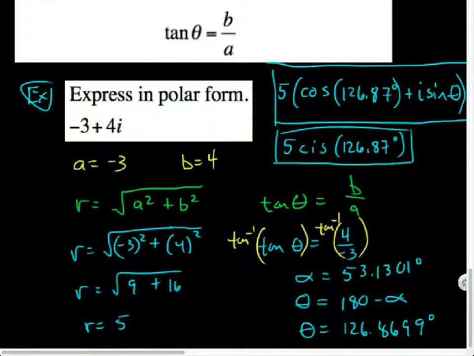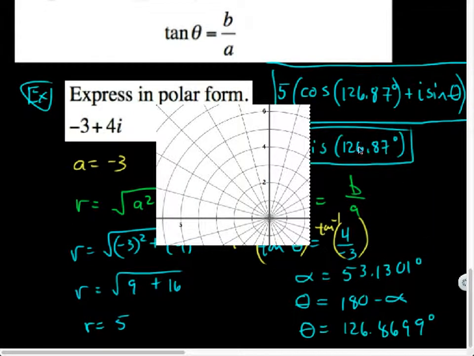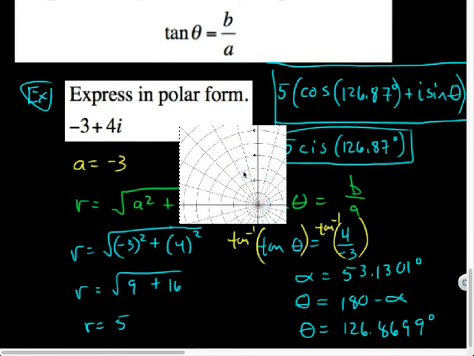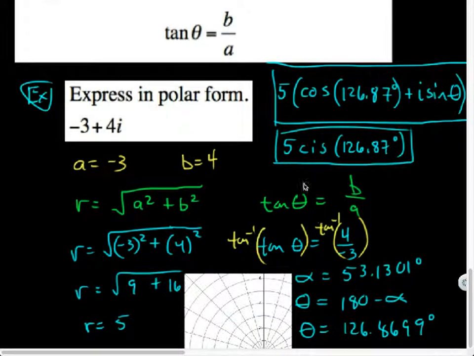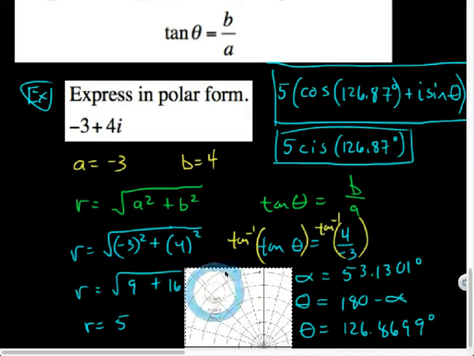So let's see, 5 and 126 degrees. Tell you what, here's a handy dandy graph for you. Watch how cute and adorable this will be. There we go. This is amazing. So 126 degrees would have been flung around something like this. There's 135, something like that. And I'd go out 5 units. So this would be the location of that point.